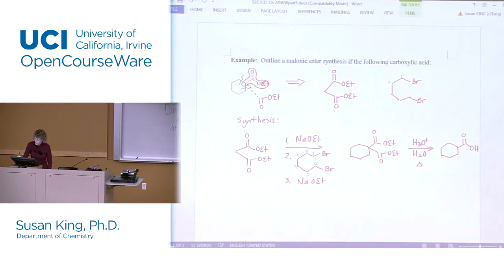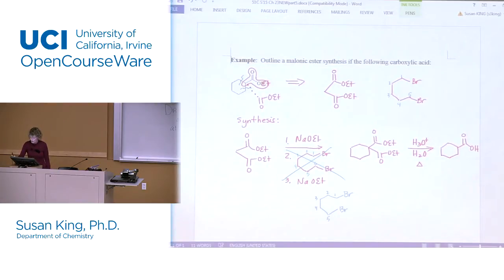I've inadvertently added another carbon. Very easy mistake to make. I'd like to say I did that on purpose to see if you caught it, but I didn't. Just like that, 1, 2, 3, 4, 5. Very easy to make that mistake. So that makes a good point.